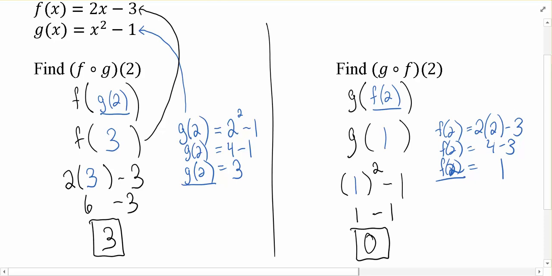So when I changed the order that I did these functions in, I did get a different answer, which should make sense if we go back to our idea of an assembly line. If you go down to Ford and you flip the switch and send the assembly line in reverse order, it's obviously going to change what happens. So we got to start with stuff that are a little more rough first, then do some of the finishing touches later. If you start off with the finishing touches, that's going to be messed up.